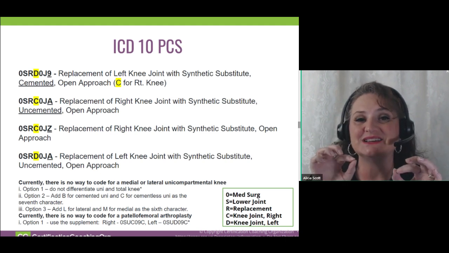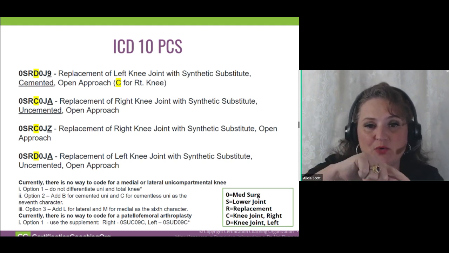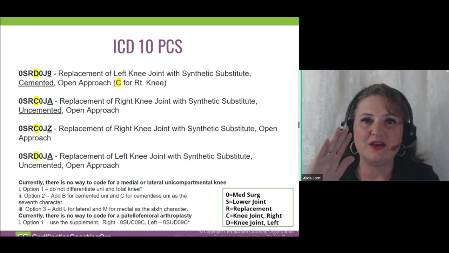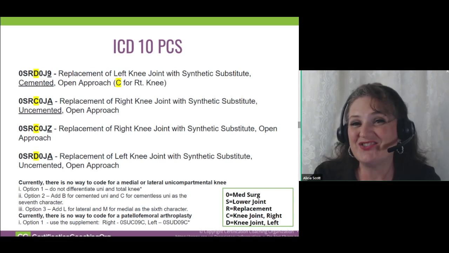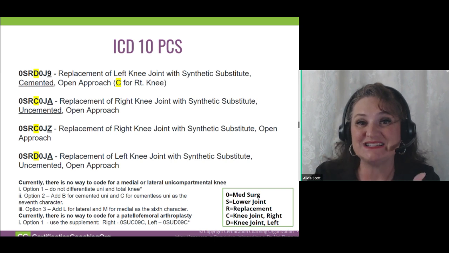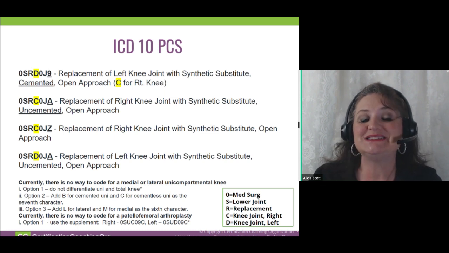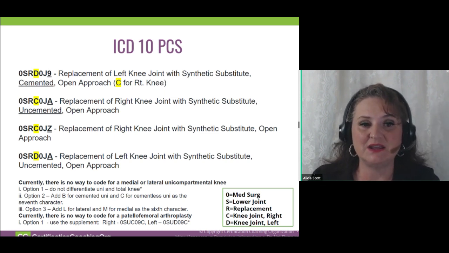But there's cement in that, and they will put that on there, kind of like when you're putting two bricks together, right? You know, they want that to seal. So it's going to be screwed in, but it's also going to have that cement in there. So if they use cemented, then it would be a J, open approach 9.